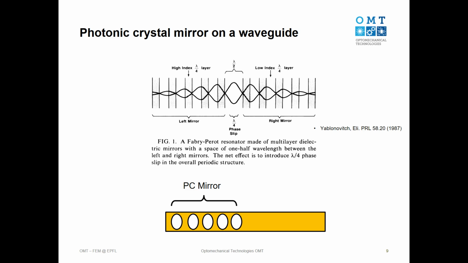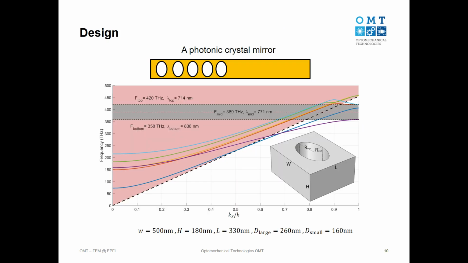So you're modulating the effective refractive index. Once again, I like this physical picture, it makes me a bit more familiar with this. So this is what we want to make by the end of this session.